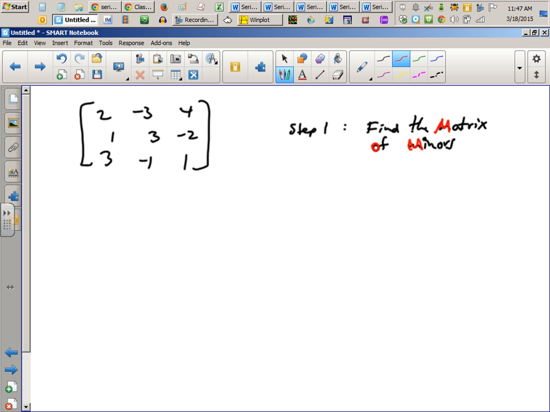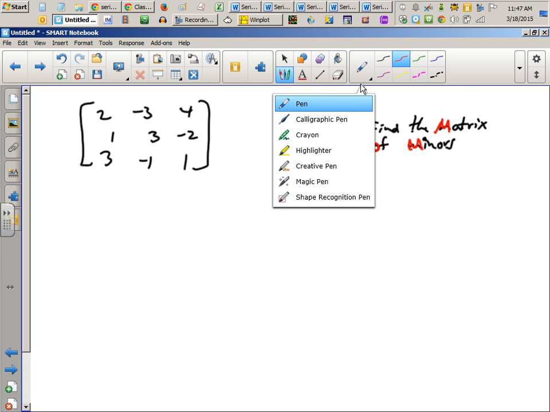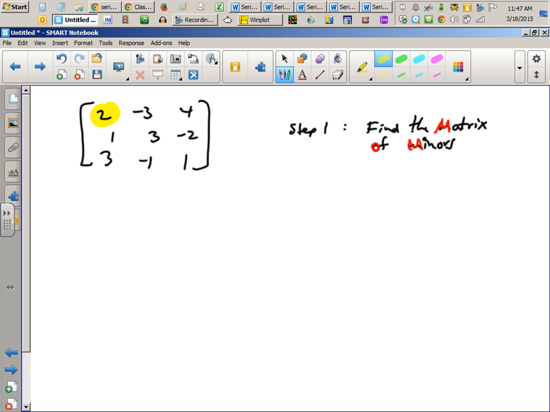Minors are the children. So we start with the 2 in the top left corner. So I'll use my highlighter for this part. You're going to focus on this 2. Find its baby. Who's its baby? Who's the minor? Where's the minor? This stuff, right? I need the determinant. Find the determinant of that right there. Go ahead. Find the determinant of that. That's the baby in green. Okay, find the determinant.